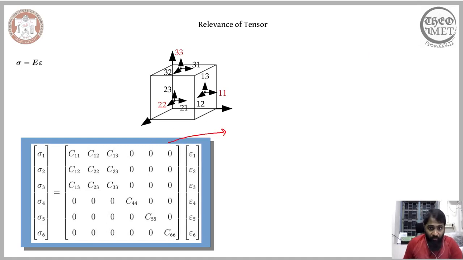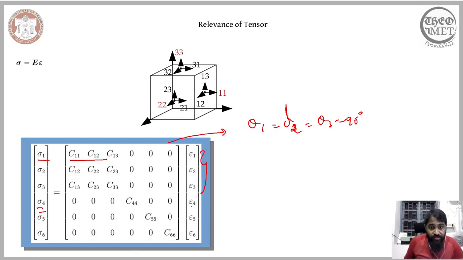Now of course I can complete all these entries and this is how it would look like. When you have a condition where all the crystallographic angles are 90 degrees, and, as we have understood previously, the shear components of stresses will not introduce any Poisson's effect, and the normal components of the stresses introduce Poisson's effect, then for this crystal system the mechanical behavior is expressed in this way: your normal stresses contribute to your normal strain but no shear strain.